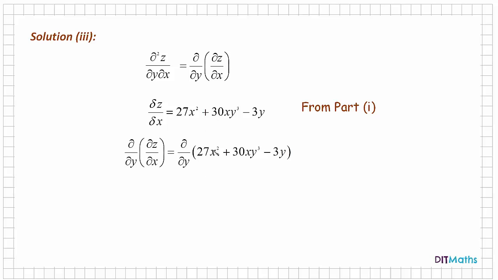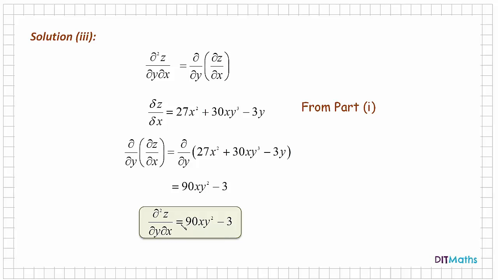So differentiating 27x squared becomes 0. Differentiating 30xy cubed becomes 3 times 30, which is 90 times xy squared. And differentiating minus 3y, we get minus 3. So therefore, the second order partial derivative d2z dy dx is given as 90xy squared minus 3.